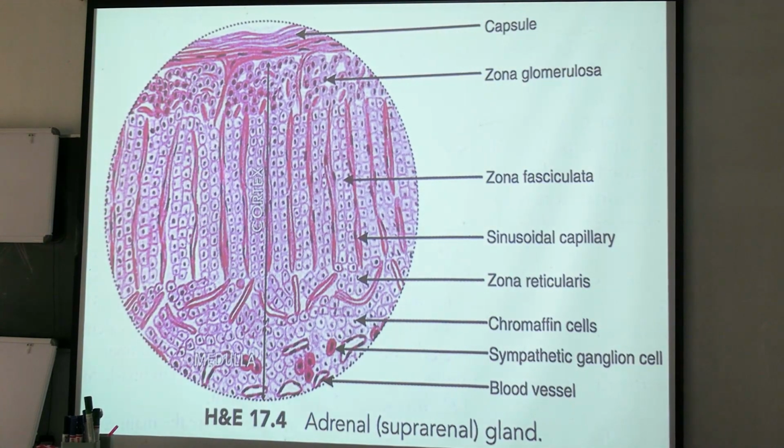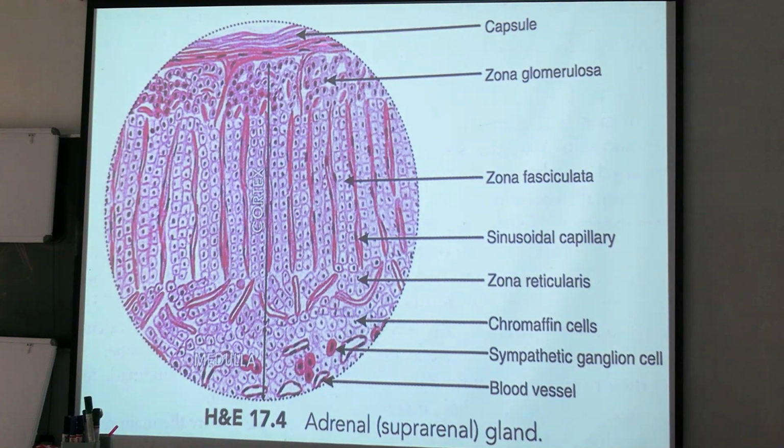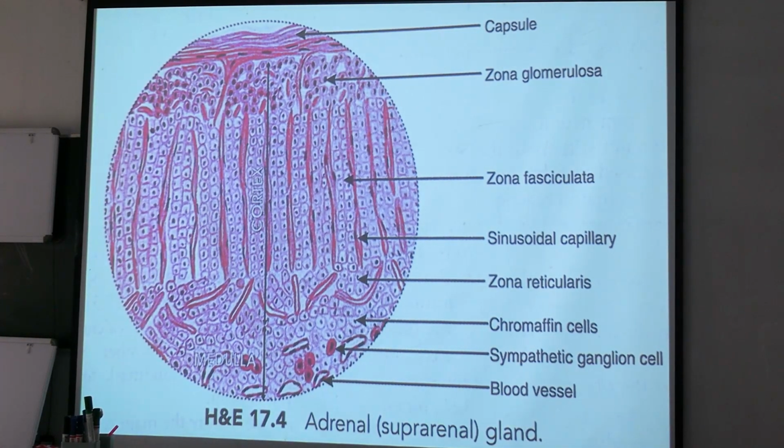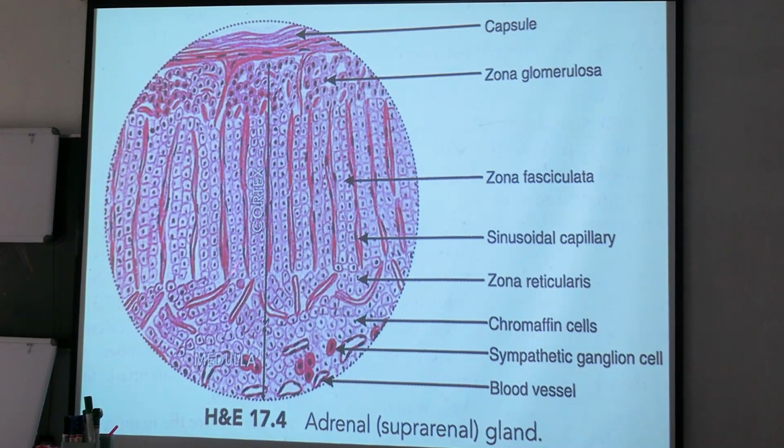So you draw a schematic diagram like this in your histology copy. Cortex: here are some sections of blood vessels or connective tissue cells. This is the zona glomerulosa. Cells are arranged in ovoid or bent cords, and these are the zona fasciculata.